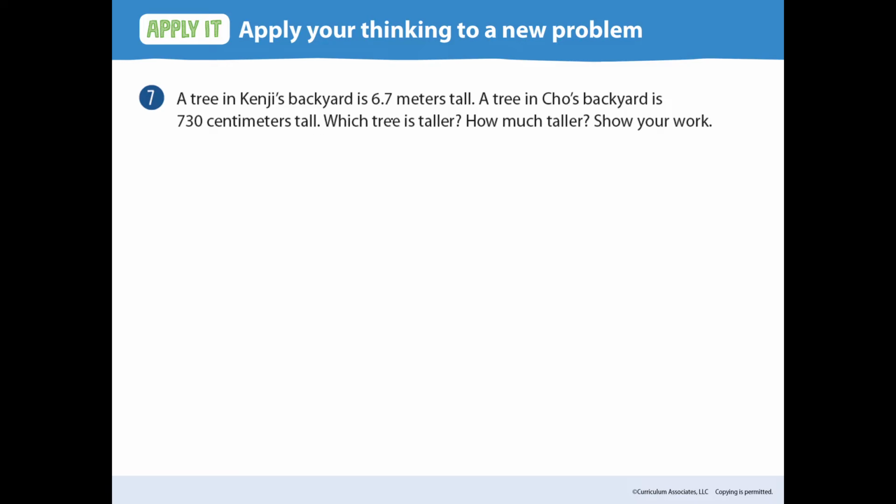So this time I'm going to choose to convert my meters to centimeters. There are 100 centimeters in a meter. I know because cent means 100, that's my clue. So I'm going to multiply 6.7 times 100 to find the number of centimeters.